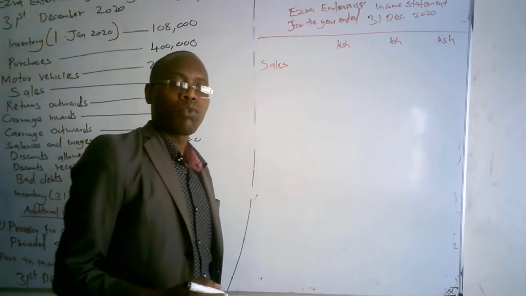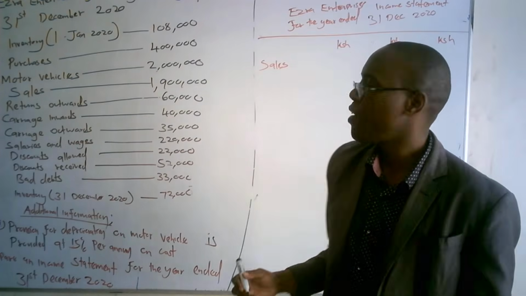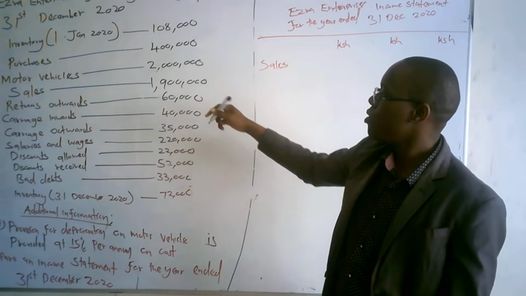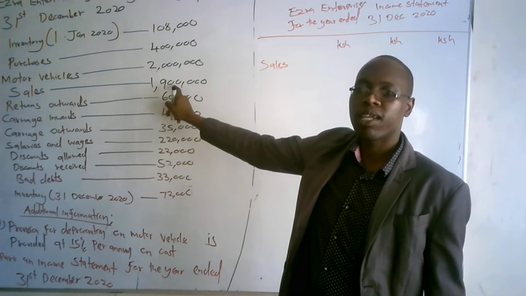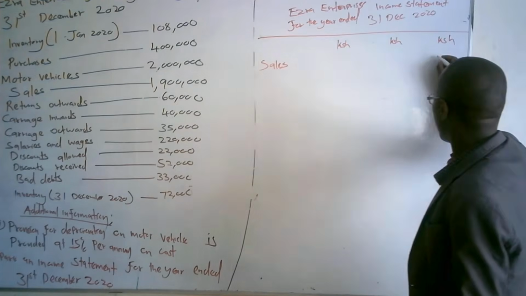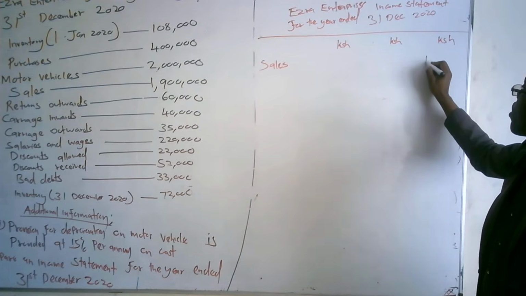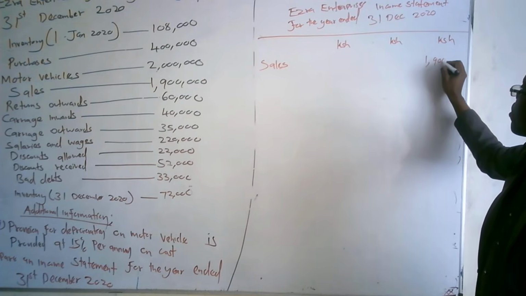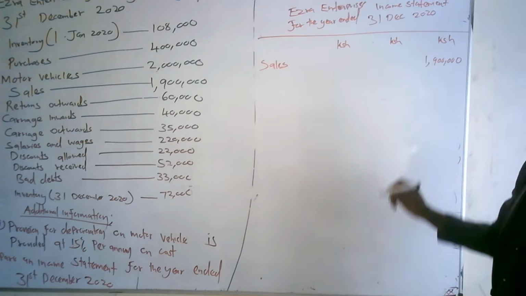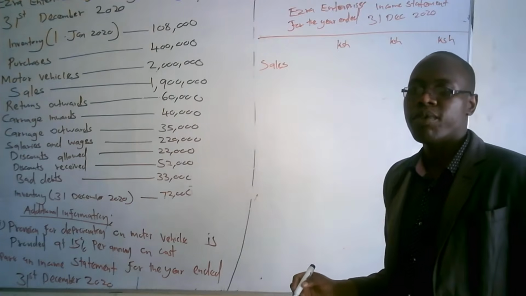If you can see the sales figure that you have been given in our question, it is 1,900,000. And that sales is always under the last currency sign as 1,900,000.